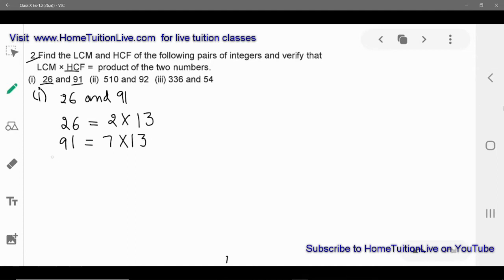Now the HCF of 26 and 91. First we see the common prime numbers. This is the only common number, and the highest power is 1. So 13.